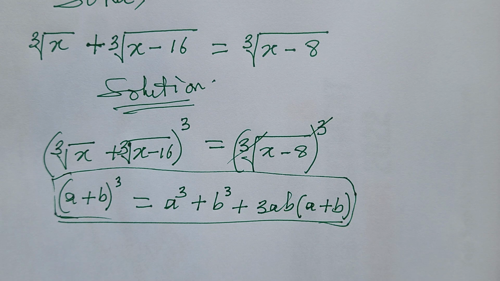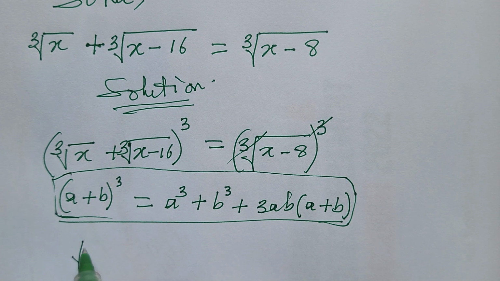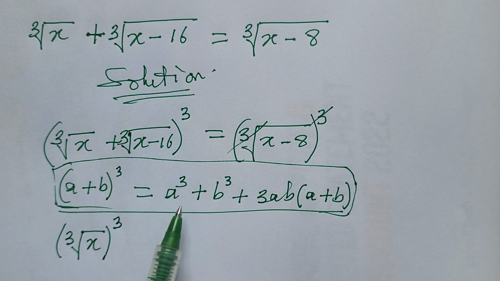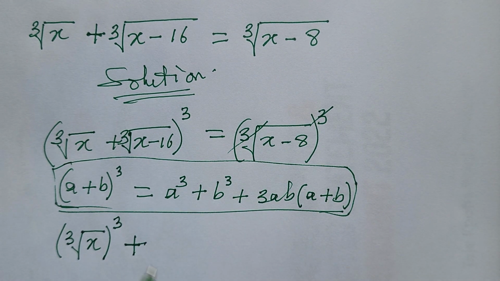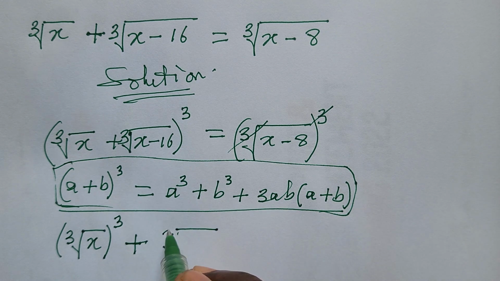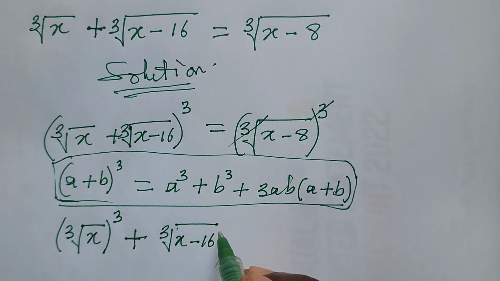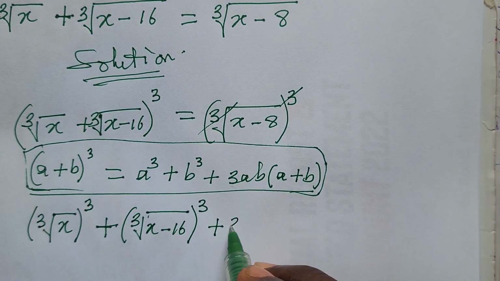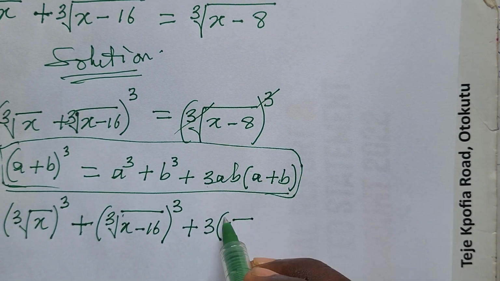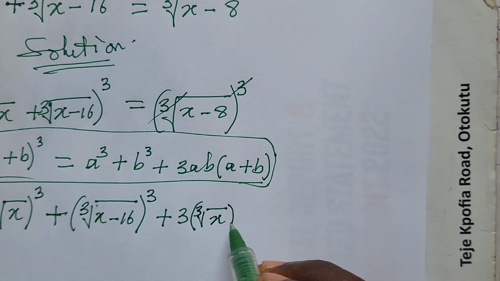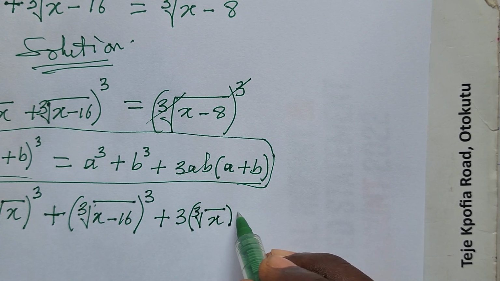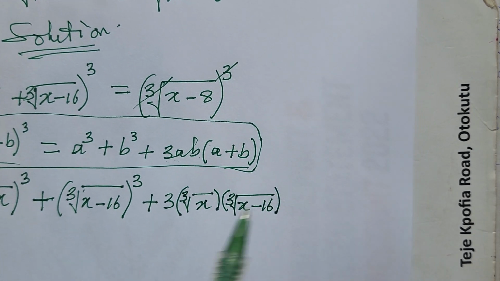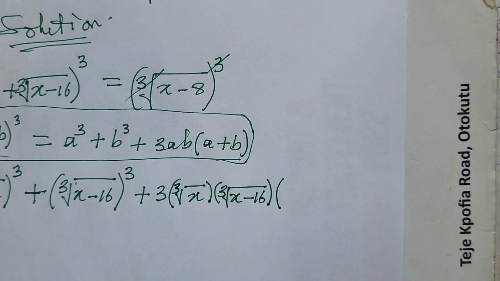Okay, so if we have to open up everything, this is going to give us the cube root of x all to the power of 3, which is this, then plus our b, which is the cube root of x minus 16, all to the power of 3, plus 3 into the cube root of x, then our b, the cube root of x minus 16, everything into our a plus b.